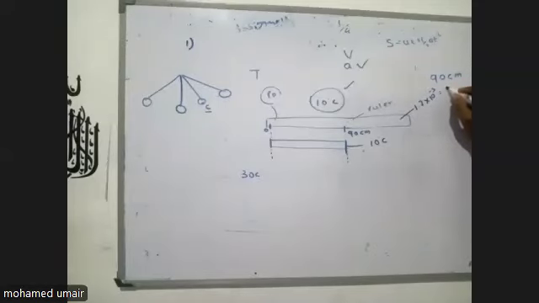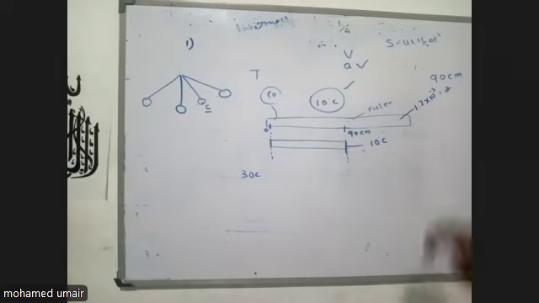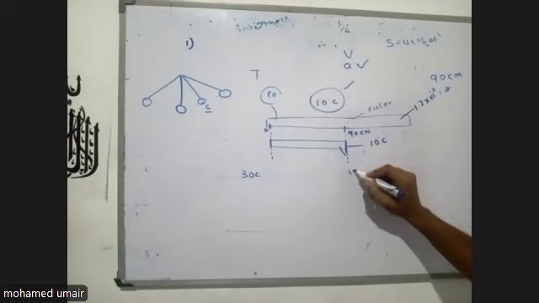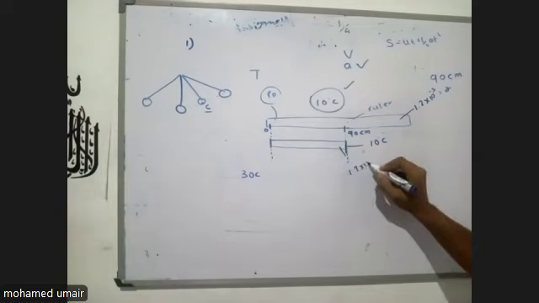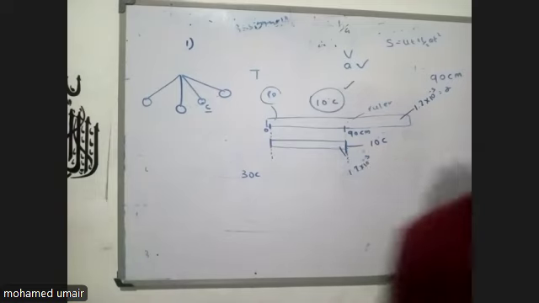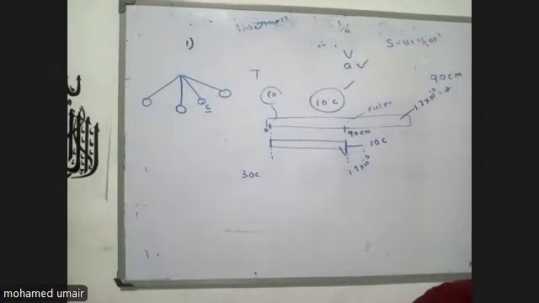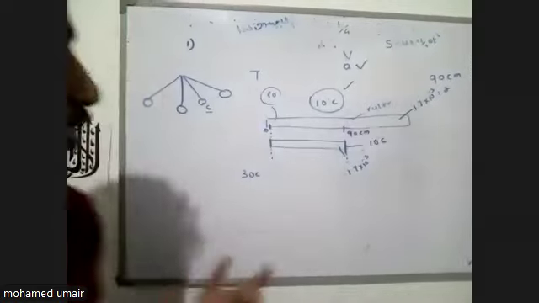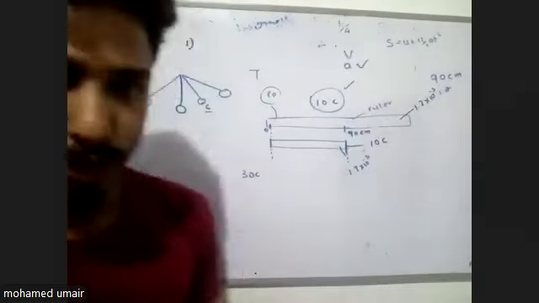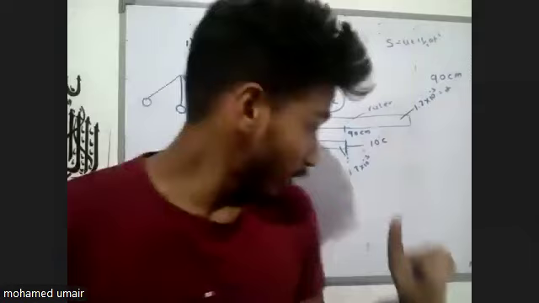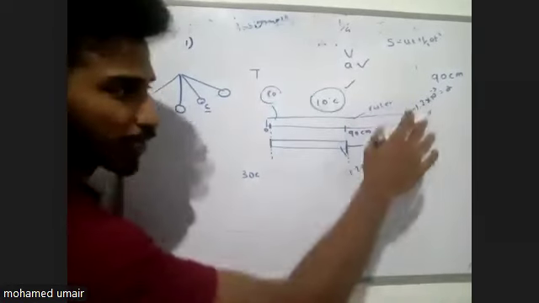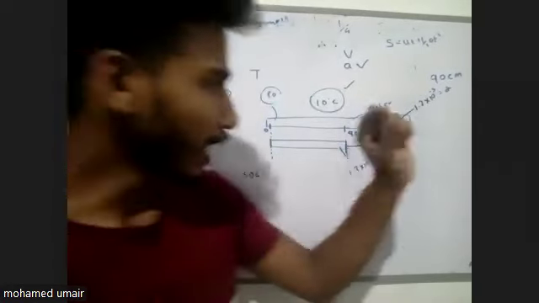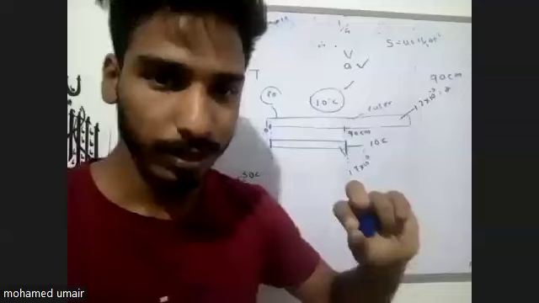And the linear expansivity of copper is 1.7 into 10 to the power minus 5. So now see here. What you can try here, not only for an MCQ or an essay, but even if it is in a past paper, is to deal with some amount of theory.